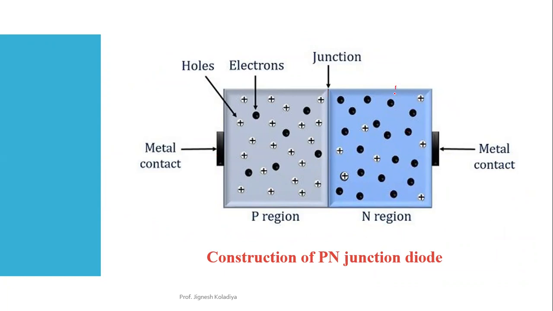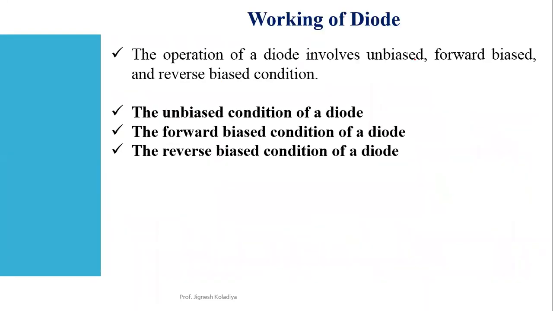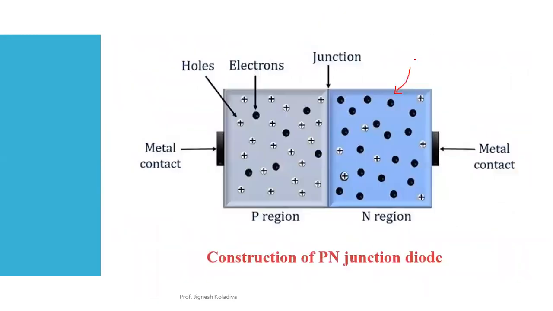Now these electrons have their own kinetic energy, and each and every electron does not have the same kinetic energy. Some electrons have more kinetic energy, some electrons have less. So the electrons which have more kinetic energy move from n to p region and try to fill this space, because here so many holes are there.